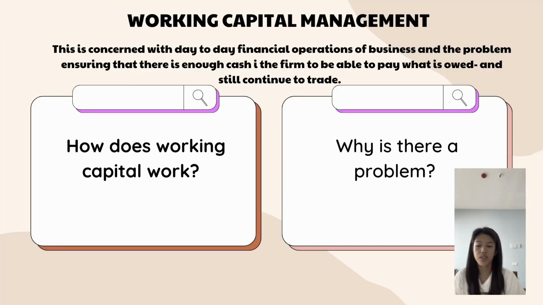Working capital management. This is concerned with the day-to-day financial operations of business and the problem of ensuring that there is enough cash in the firm to be able to pay what is owed and still continue to trade. So how does working capital work? A firm buys a quantity of goods that it intends to sell later on at a profit.